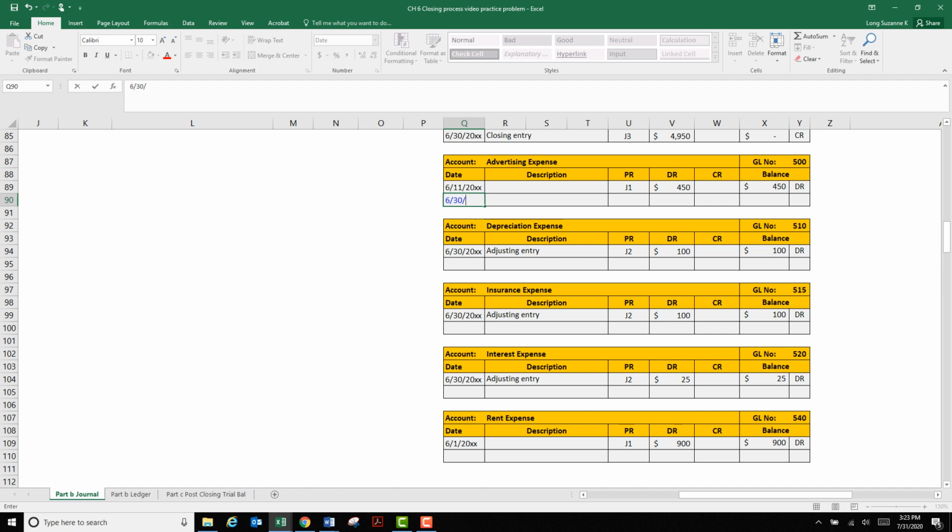End of the month, we're closing. I'm going to call this closing entry. J3 for closing, and how much, and a 0, and a DR. Blue is coming through from a previous problem. Let's make that black. All right, so I can copy this down. All of them are going to be closed out.